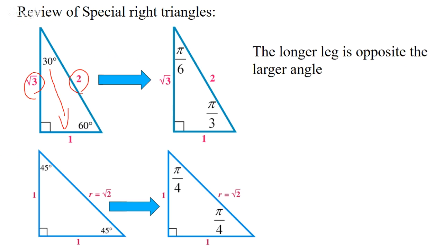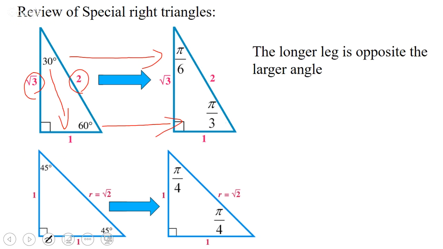You also need to know it in your radian form. So 30 degrees is pi over 6, and 60 degrees is pi over 3. Now, a lot of people mix those up. But remember, the bigger the denominator, the smaller the number. So pi over 6 is 30 degrees, pi over 3 is 60 degrees.